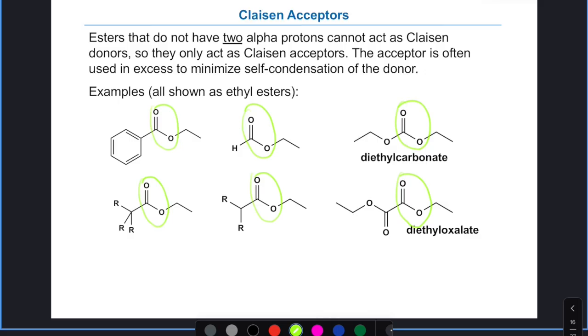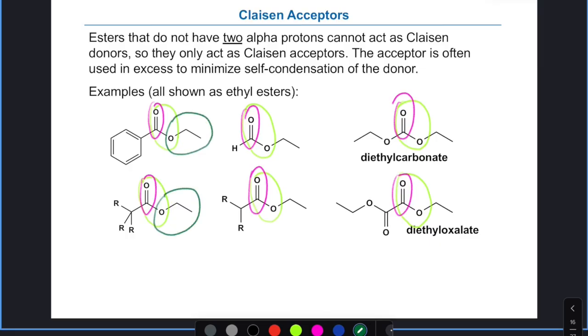That ester fragment gives you both the electrophilic carbonyl and the leaving group. You're going to lose the alcohol part of it. So they're set up to have the electrophilic carbonyl and then an O-alkyl part that's going to be kicked off from this group.